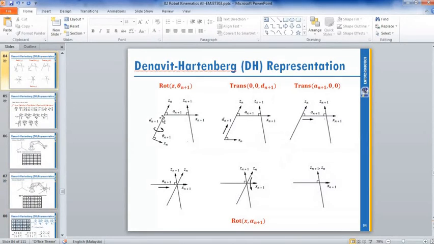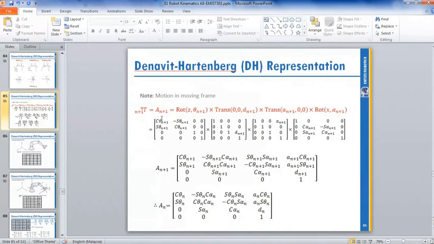So the combination of this rotation Z, translation X, rotation X. So you need to apply the rotation matrix: rotation matrix Z, translation X, rotation X. Then you get one formula, a matrix formula.